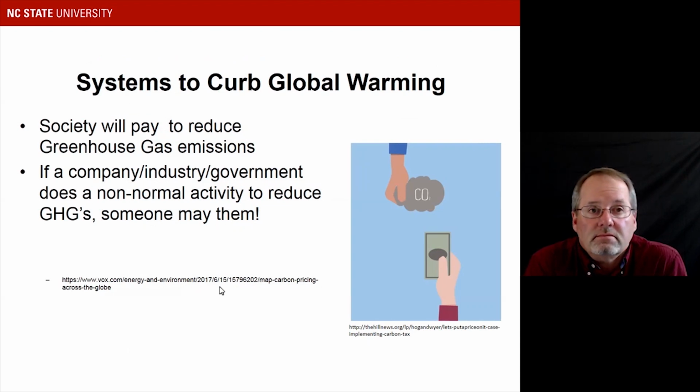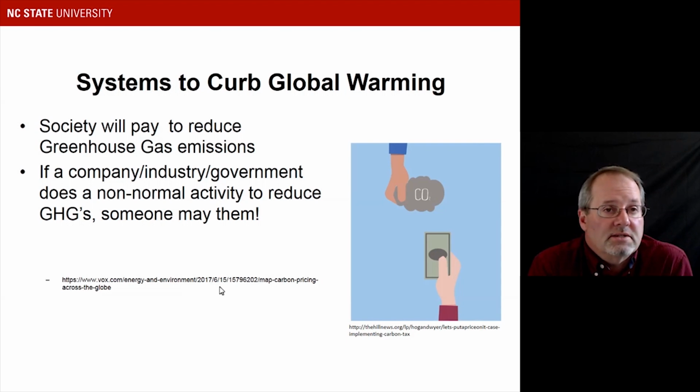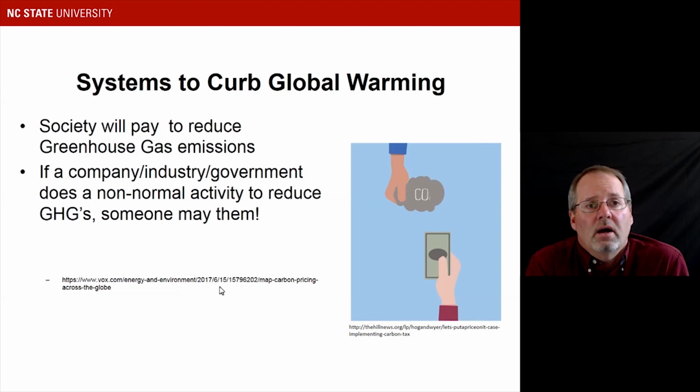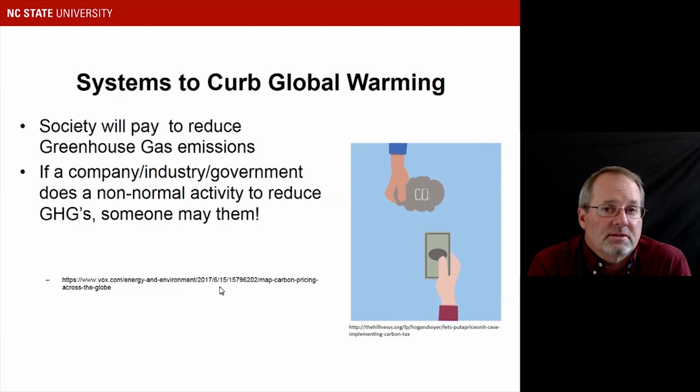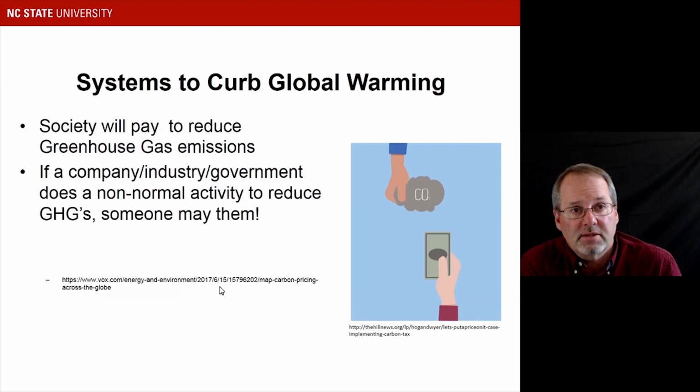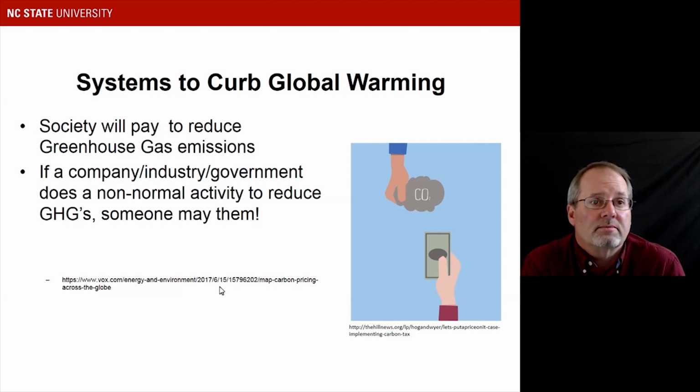Okay, so let's just talk about some of those countries and organizations that want to curb global warming. The fact of the matter is that society will pay you to reduce greenhouse gas emissions. So there are markets where people say, have you reduced some greenhouse gas emissions? If you have, I would like to pay you.